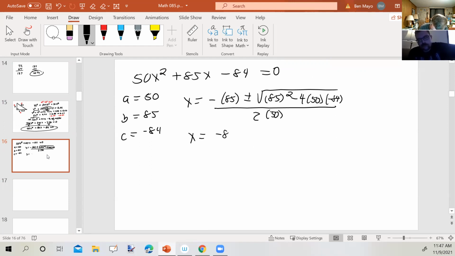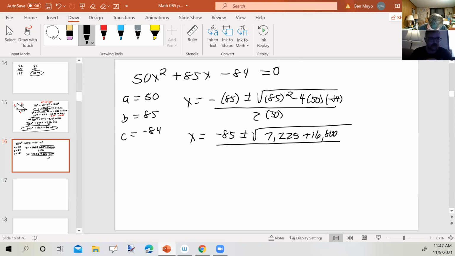X equals negative 85 plus or minus the square root of 85 squared is 7,225. And then we've got minus 4 times 50, which is negative 200, times negative 84. And I get positive 16,800 all over 2 times 50, or 100.